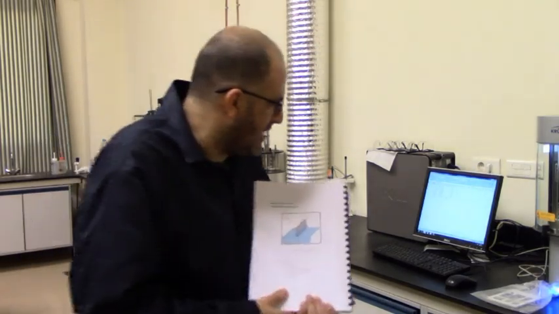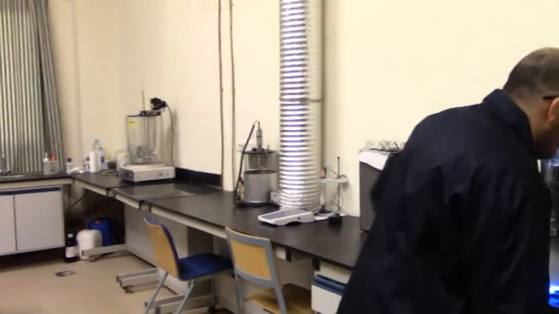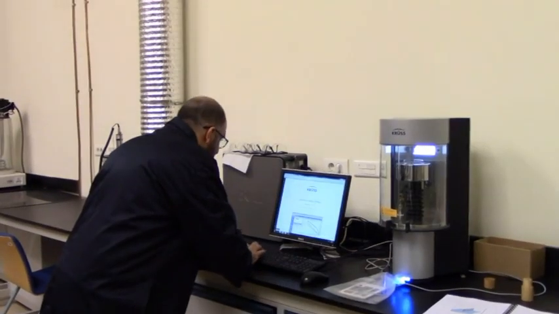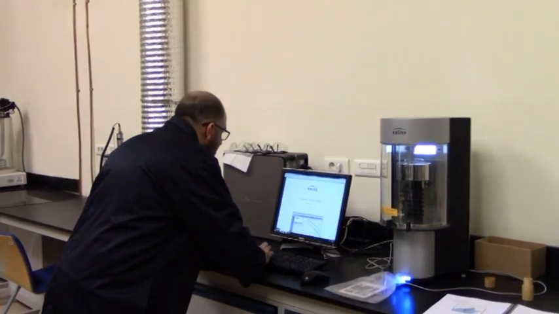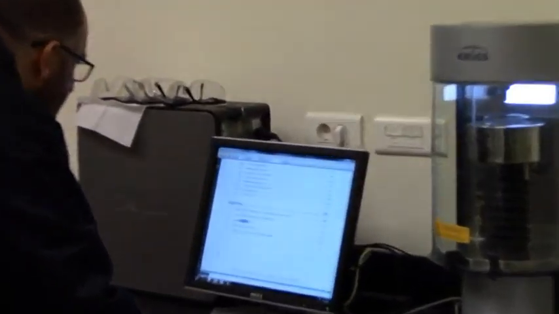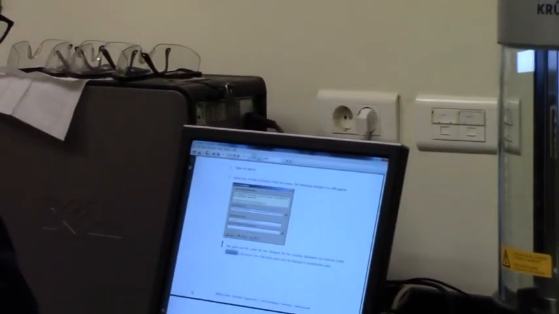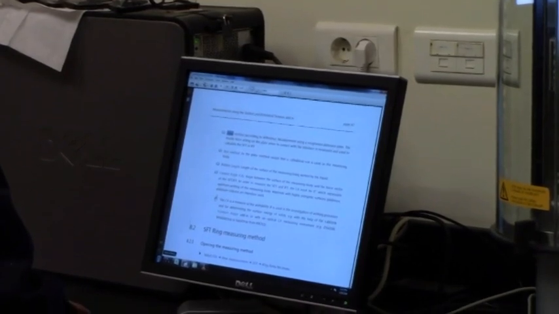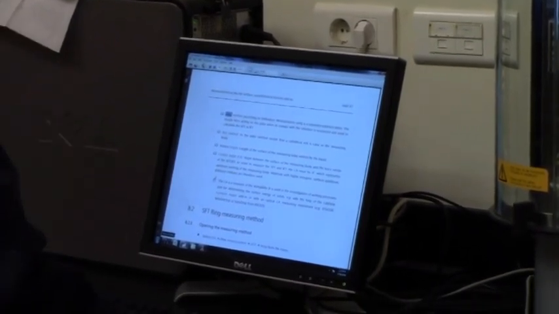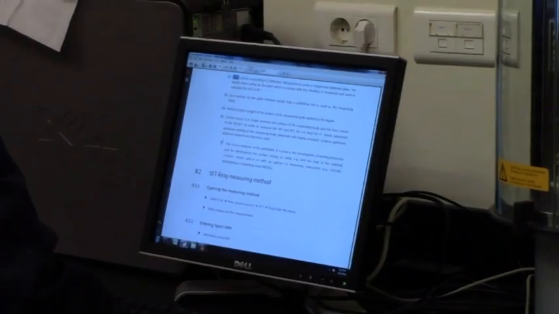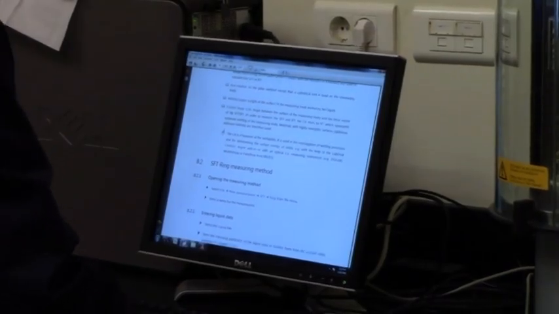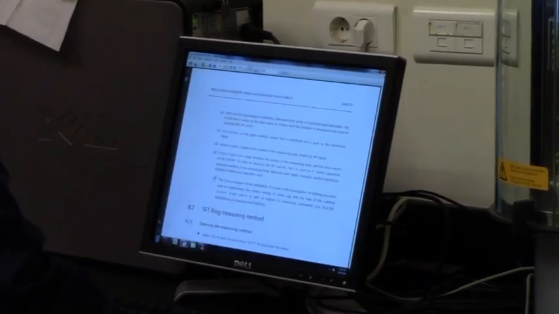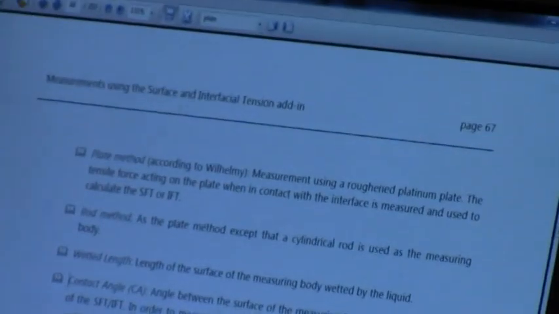Actually, in the manual, I'd like to show it to you here. If we write plate, okay. So here we are talking about measurements using the surface tension.